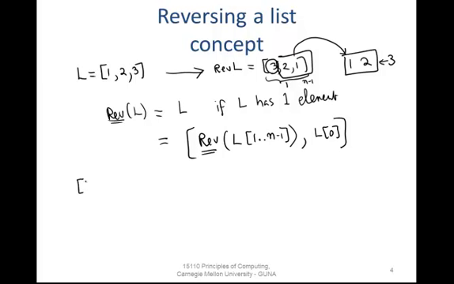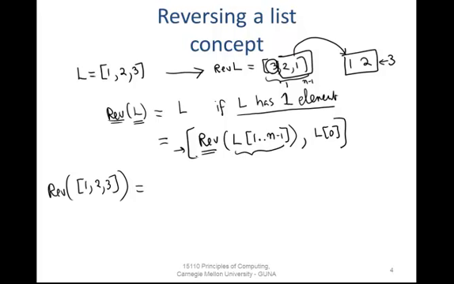Let's think about this. Let's say we have this list 1, 2, 3. We want to reverse it. Now in order to reverse it, my definition says if the list has one element, which is not the case, this list has 3 elements. So I go into this recursive definition. Note that the list in the recursive definition is smaller than the list in the original definition, which is important because we have to keep going down until we get to this one element base case.